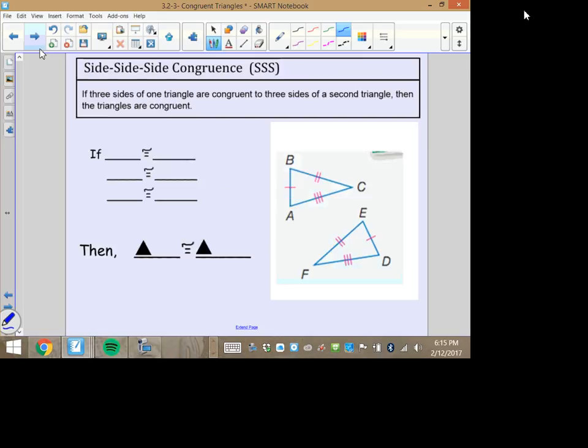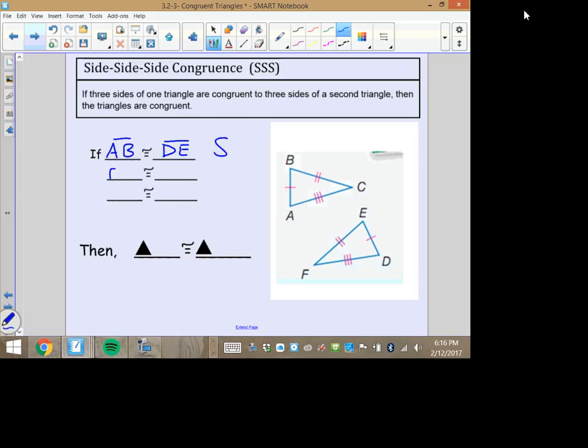Our first theorem is side-side-side congruence. If three sides of one triangle are congruent to three sides of another triangle, then the triangles are congruent. On our figure to the right, we have side AB congruent to side DE. That is a side.